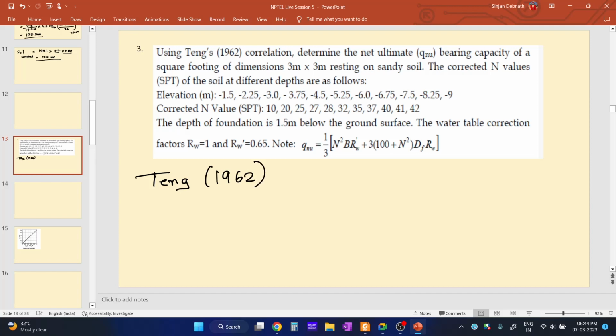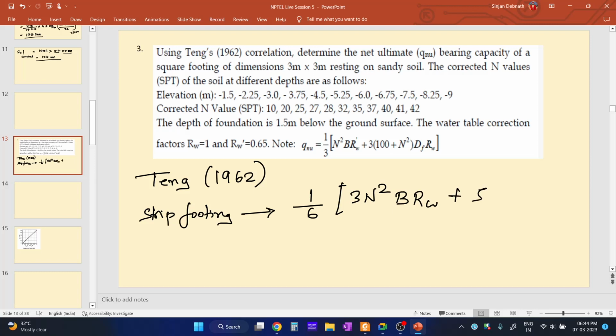Teng in 1962 gave two equations. Okay, one was for strip footing, another one was for circular or square footing. So for strip footing, the equation is 1 by 6 into 3N square B Rw plus 5 into 100 plus N square Df Rw.